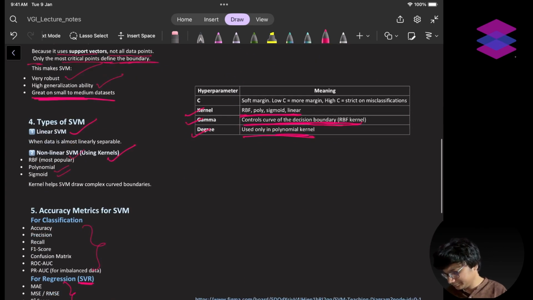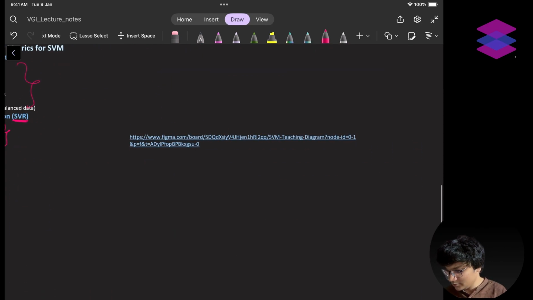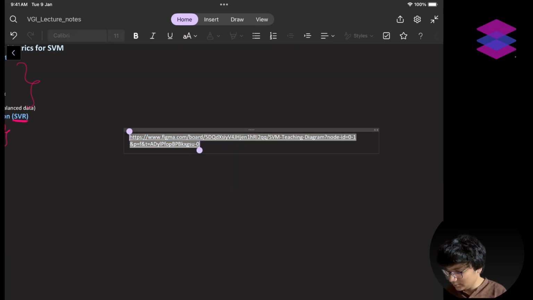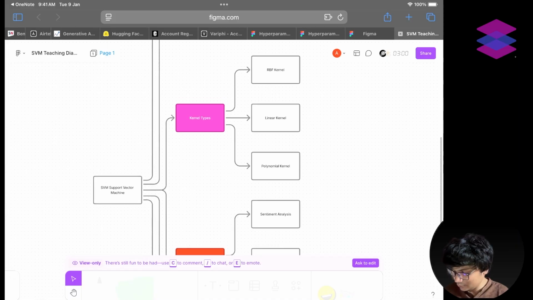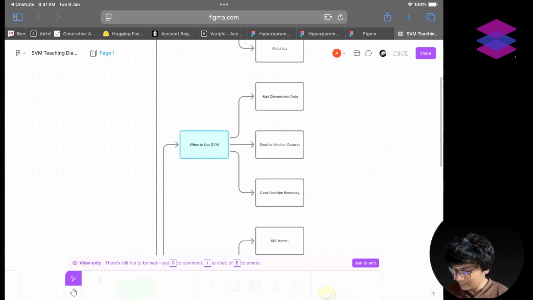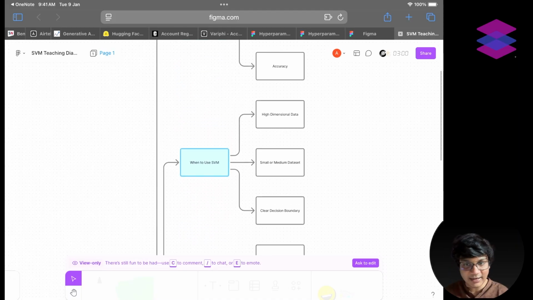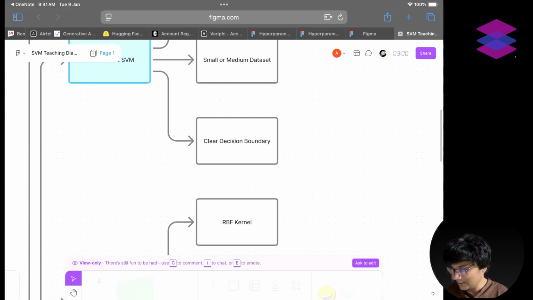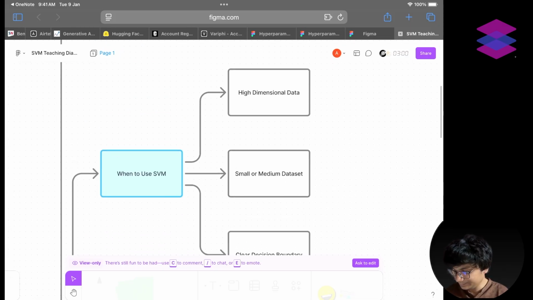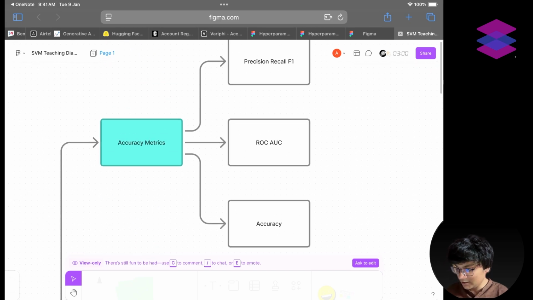So again, let me show you this part. Yeah, these things: you have a support vector, you have a kernel trick. When to use support vector? Whenever you have high dimensions, whenever you have a small to medium data set, the same thing, and whenever you have a clear decision boundary. Then what are the accuracy metrics?